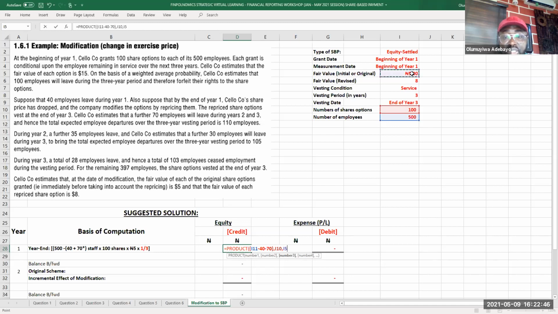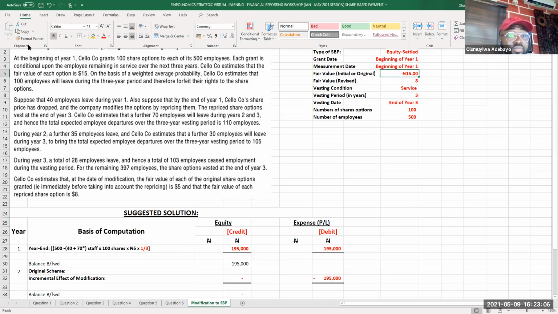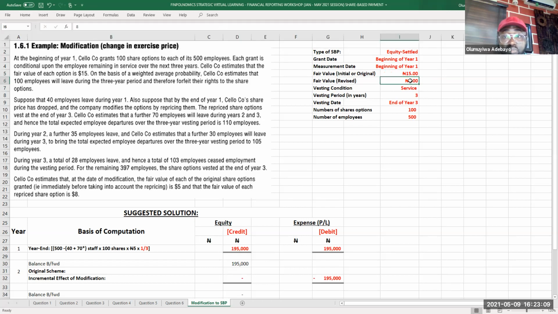I'll change it. I'll multiply by 1/3. Okay, this is 15. I'm coming back to this 8. We'll discuss that. That's 195. That comes as our opening balance.